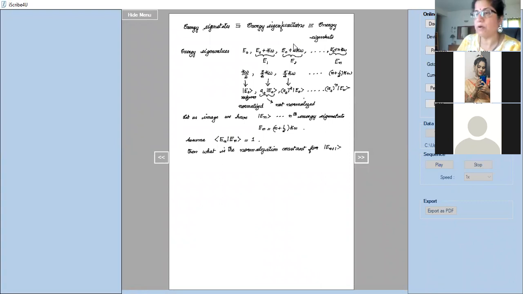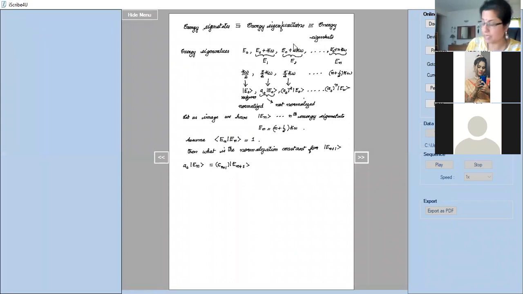How am I going to go to En plus 1? I want to go to En plus 1 from En by operating A plus. And I know I will end up going to En plus 1. But I need to multiply something over here so that it is normalized. So question is, what is that multiplication? We will call it some C, which is a number, but we need to specify this C. So we'll call it C with a subscript of n plus 1.